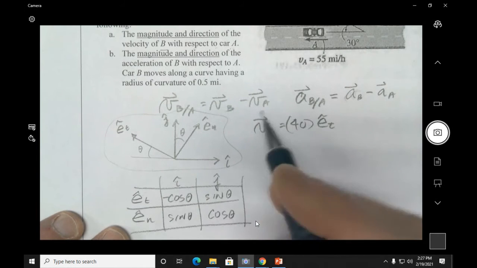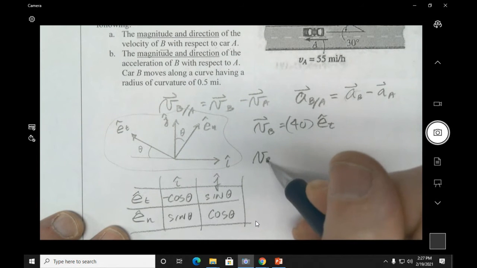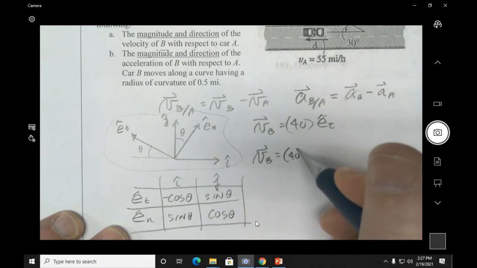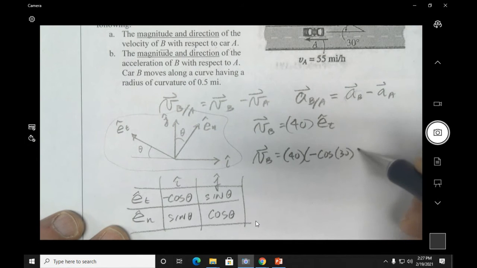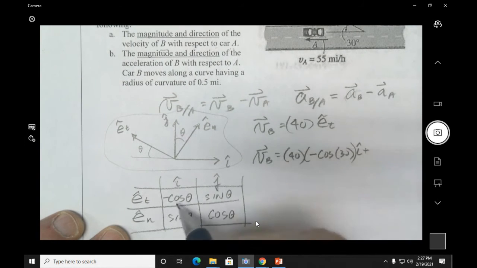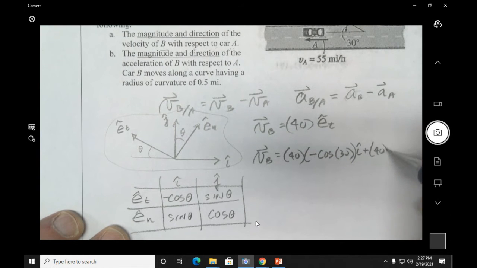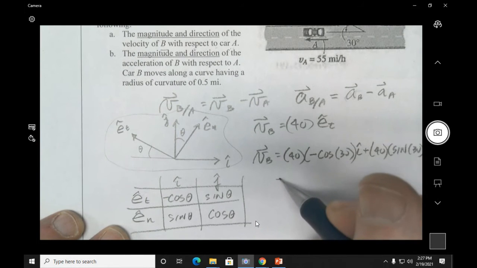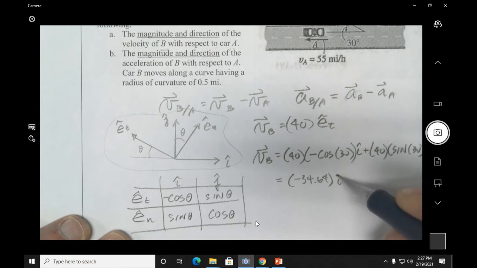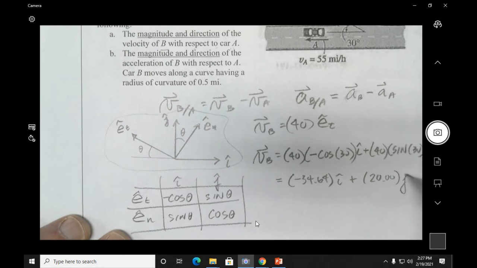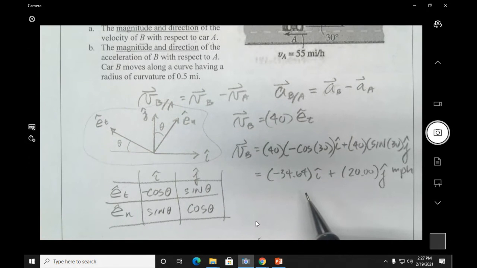So VB is equal to 40 times the negative cosine of 30 I plus 40 times the sine of 30 J. What we're left with is a negative 34.64 I and a 20 J, in miles per hour, which is the units we're keeping it in.